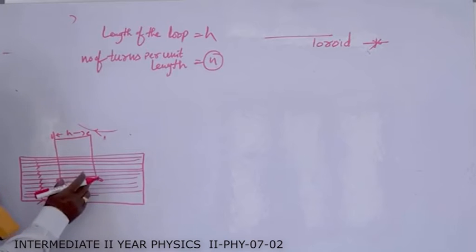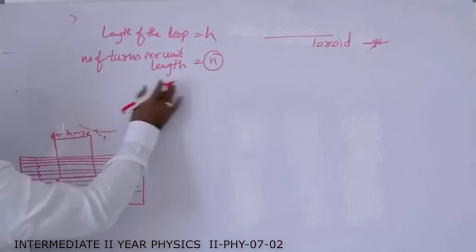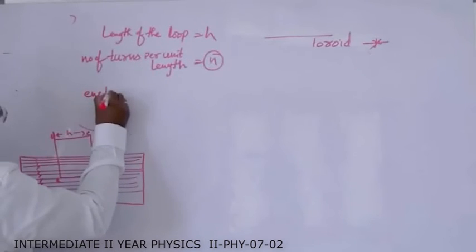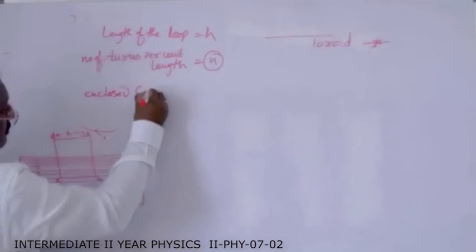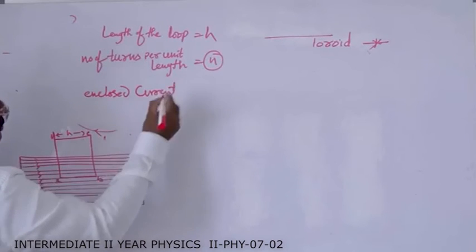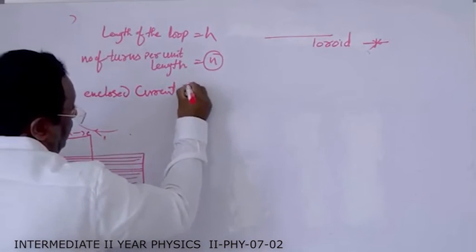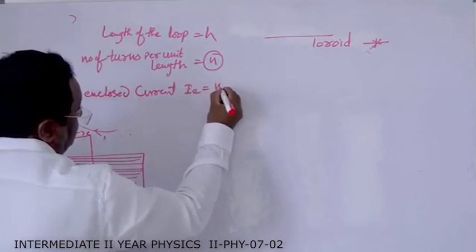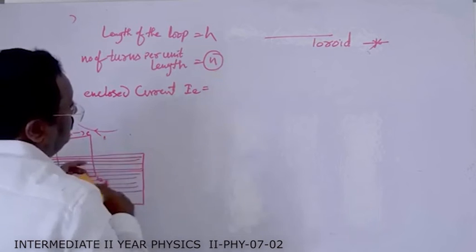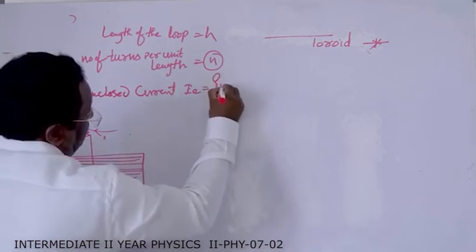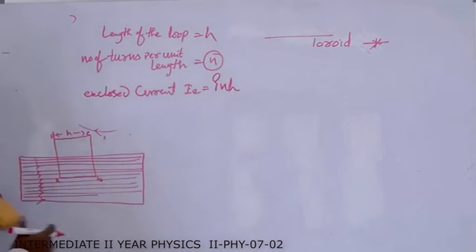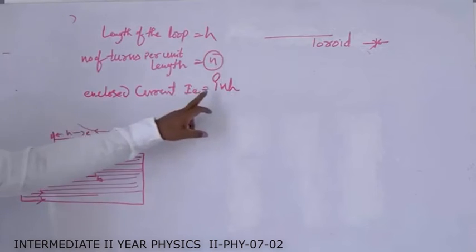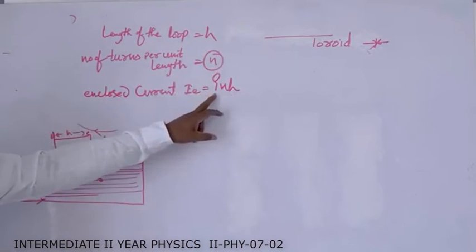So to find the magnetic field by using Ampere's law, now you write the enclosed current. Enclosed current in a solenoid, I, is equal to what? The flowing current in the solenoid.